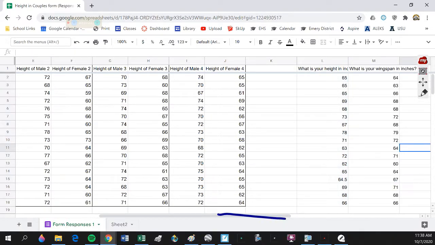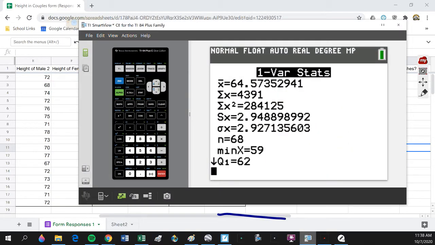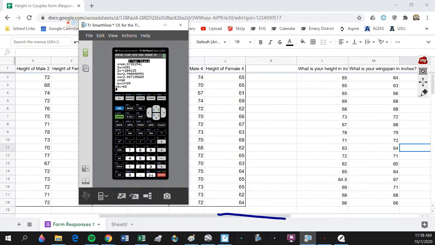Here are the heights and wingspans for our class. So go into your L1 and clear it out, and in your L2. Let's put height as L1 and wingspan as L2.